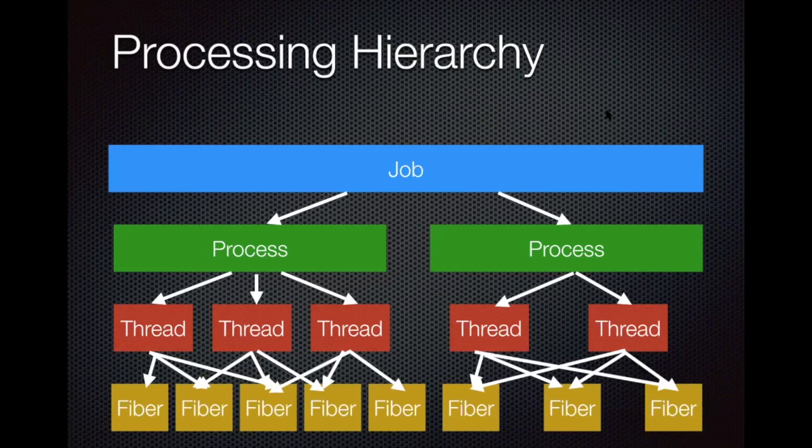Going down this entire list, you go from higher amounts of overhead and longer times for switching between each part of this hierarchy to lower amounts of overhead down at the bottom with fibers and less time switching in between fibers and different fibers for different threads.